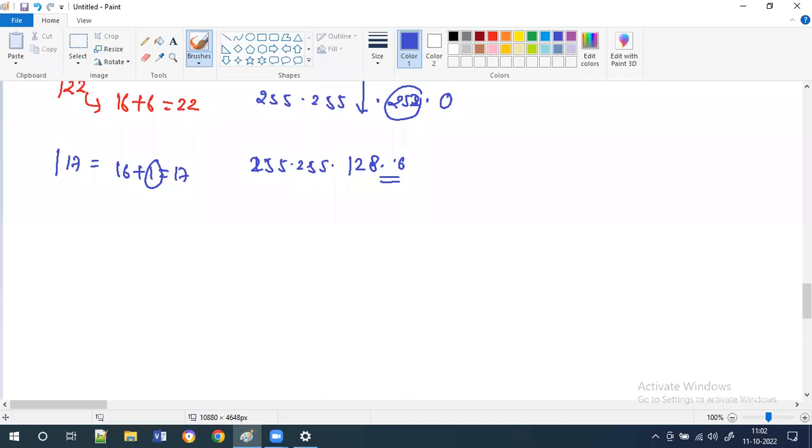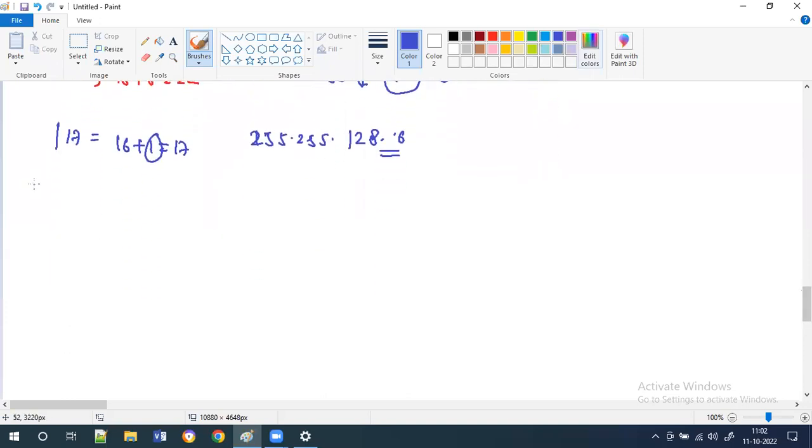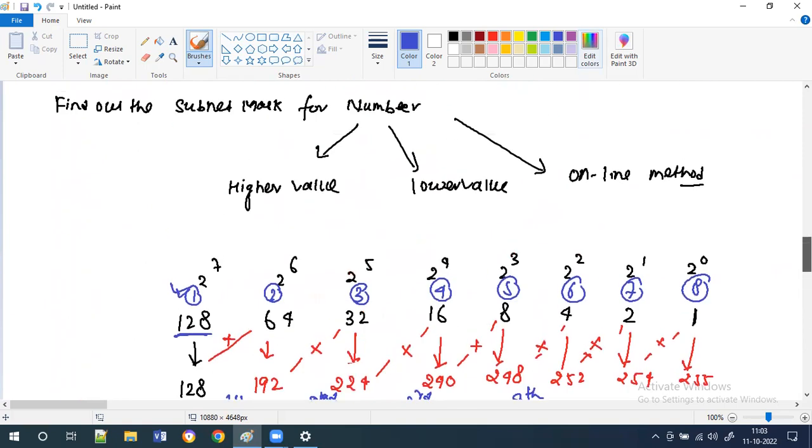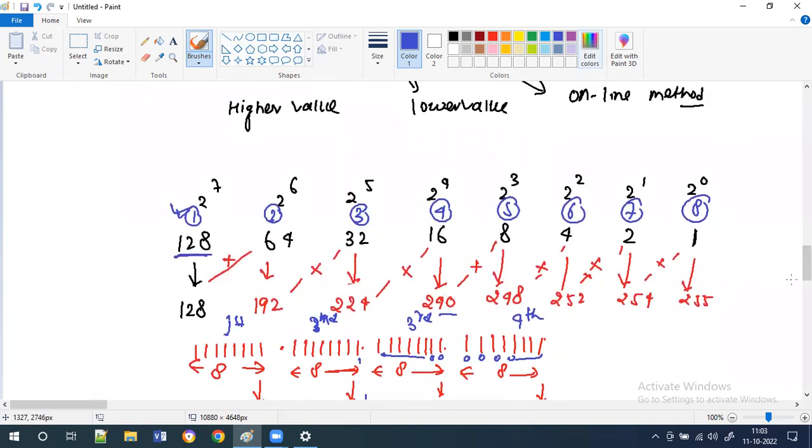Okay. Now tell me the subnet mask for slash 28. So how to calculate? This comes under which? Third and fourth. So the lower is 24. 24 plus 4. What is the value at the fourth position? 240.